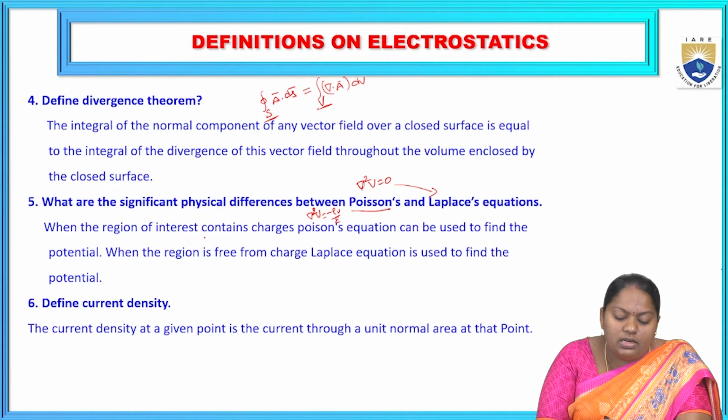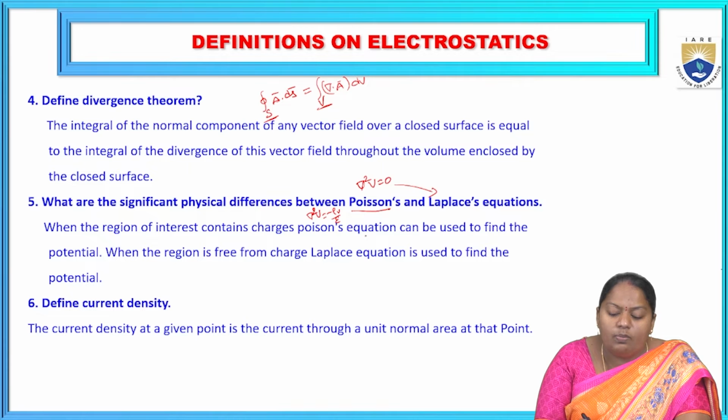When the region of interest contains charges, Poisson's equation can be used to find the potential. And when the region is free from charge, Laplace's equation is used to find the potential.